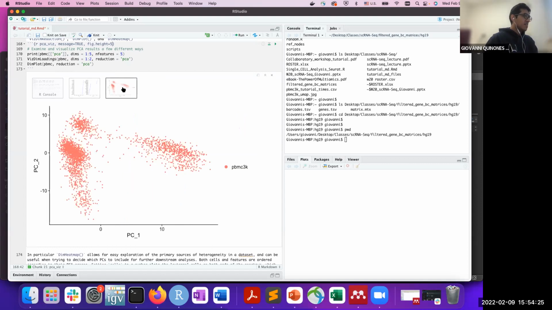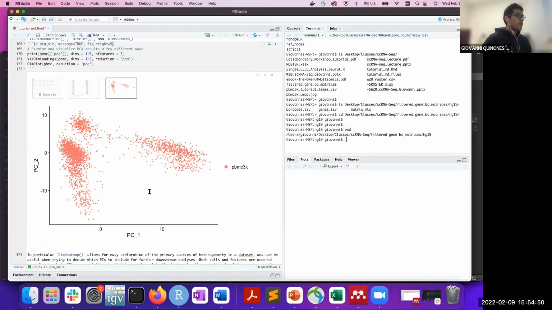And then lastly, the third output, which is this dim plot that we're making. This is plotting all of our cells, so all 2,700 minus whatever we discarded in quality control. They should be plotted into this 2-dimensional system.